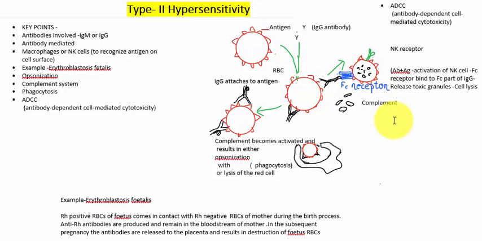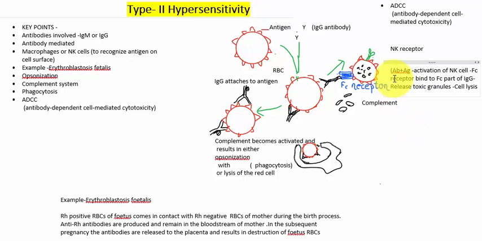What is a natural killer cell? A natural killer cell is a type of WBC, or you can say a cytotoxic lymphocyte, which recognizes the antigen on the surface of the RBC in this case.